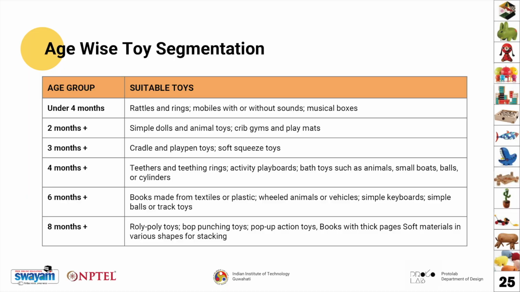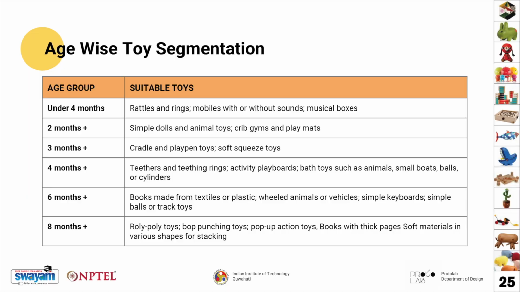Now we will discuss age-wise toy segmentation. In this topic, age-wise toy segmentation, we will understand how toys should be selected carefully according to the child's age and developmental stage. In the first year of life, toys mainly support sensory development, motor coordination, and early cognitive exploration.